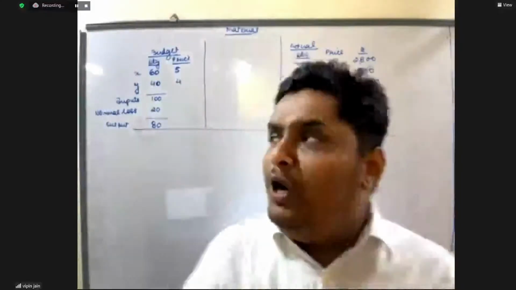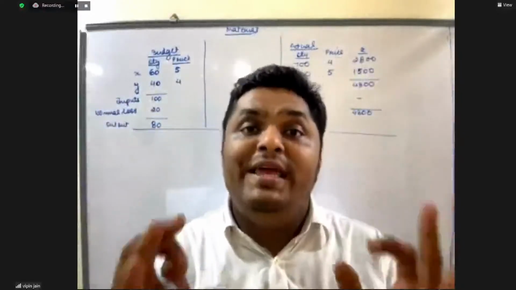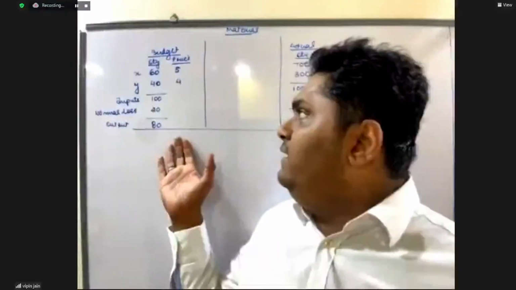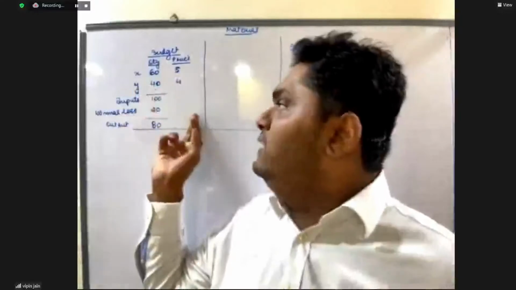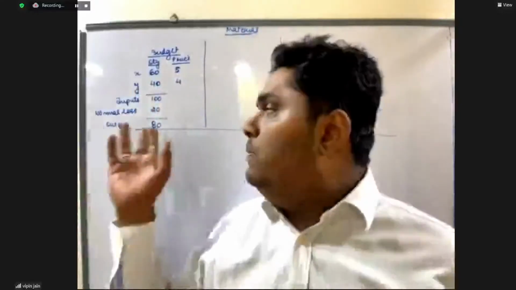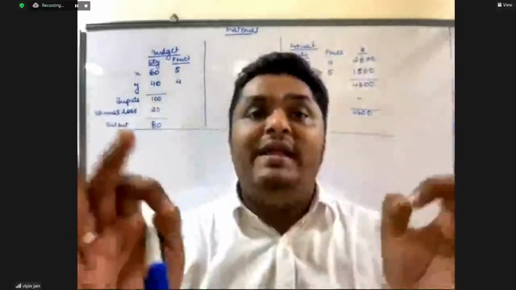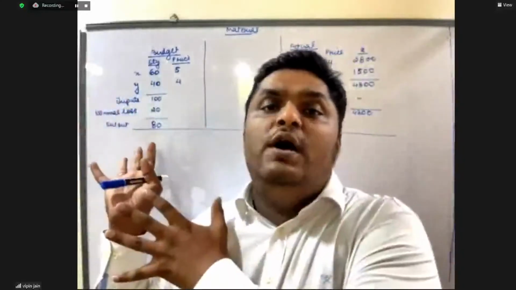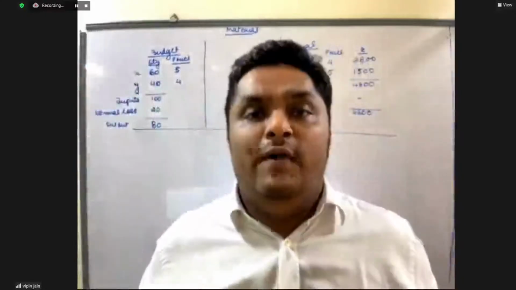The company did not say that only 80 units have to be manufactured. The company said this will be the data for every 80 units. So if you are manufacturing 800 units, 600 will be X, 400 will be Y, 1000 will be the total input, 200 will be the normal loss and 800 will be the output. So the company has provided the budgeted data for every 80 units. This is not our budgeted output, but the data for every 80 units of output.